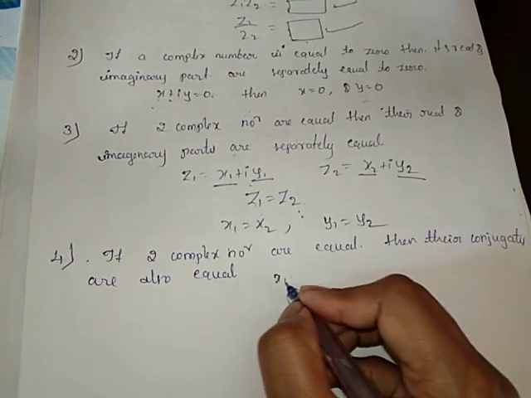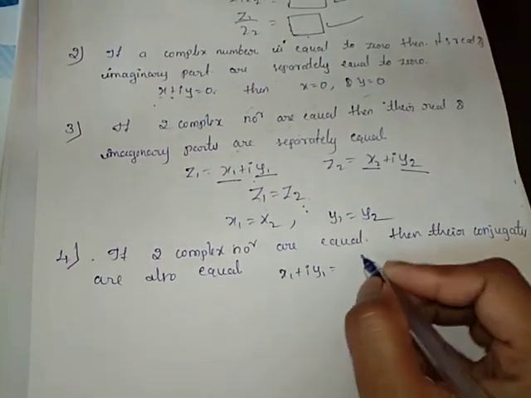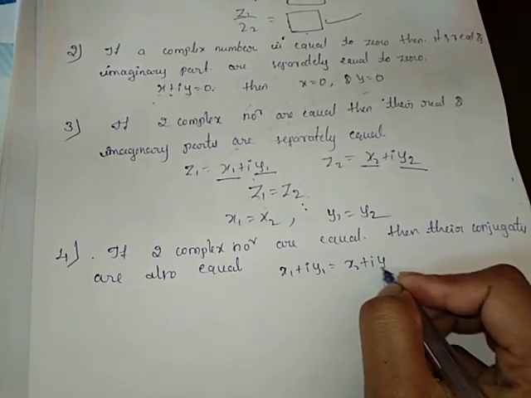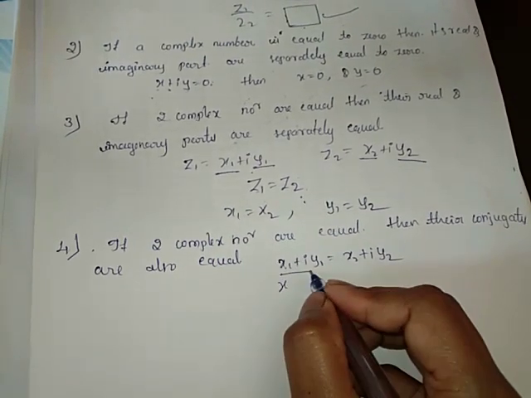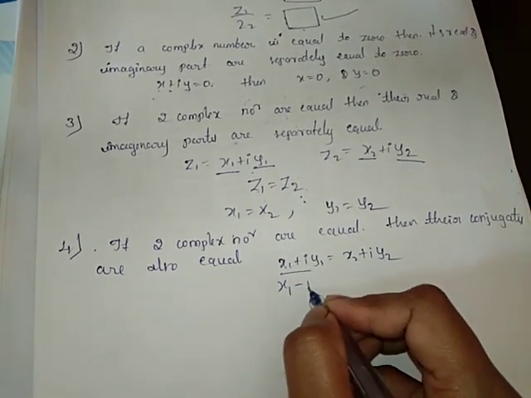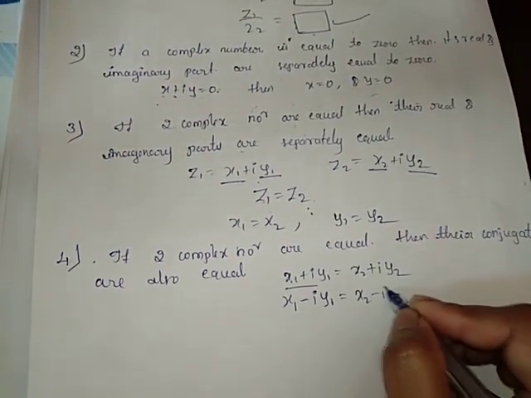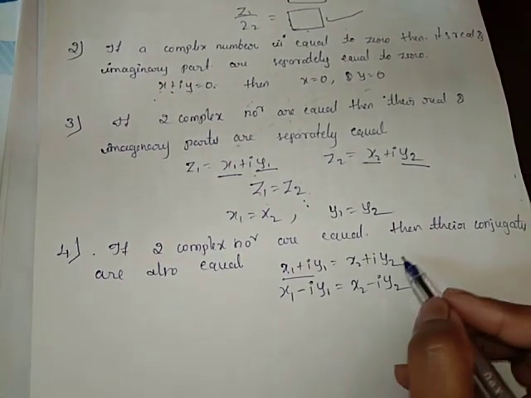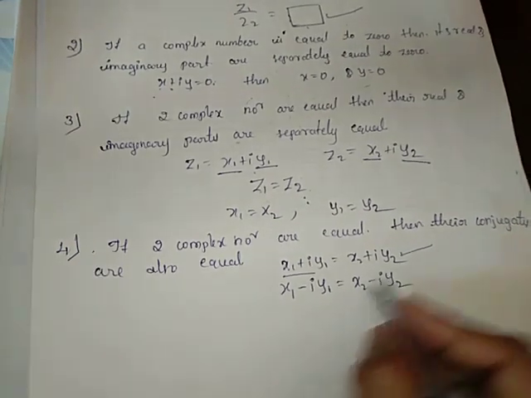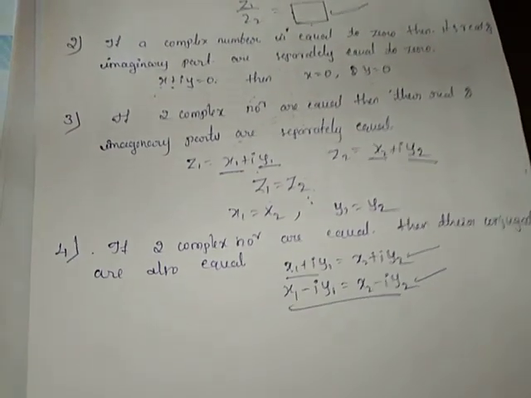Suppose x1 plus iy1 equal to x2 plus iy2, then the conjugate of x1 plus iy1 is x1 minus iy1, and the conjugate of the other is x2 minus iy2. If the two complex numbers are equal, then their respective conjugates are also equal.